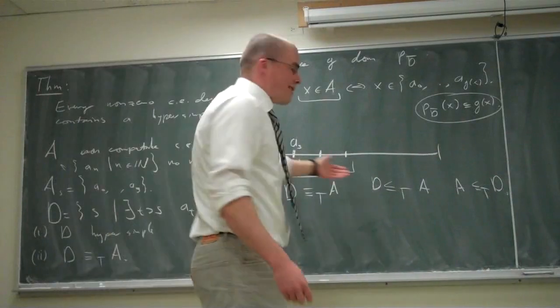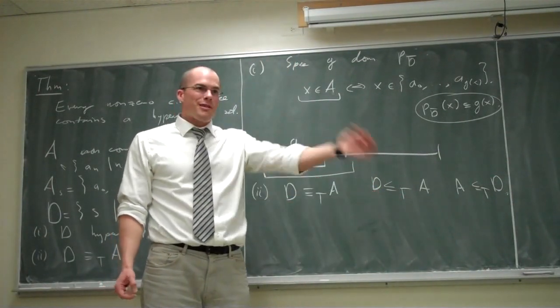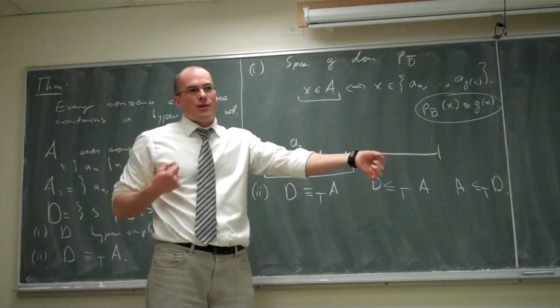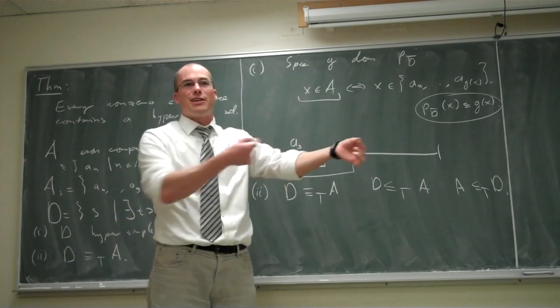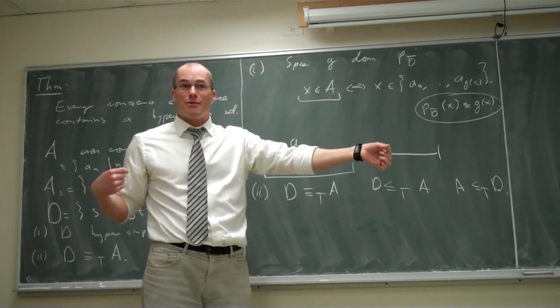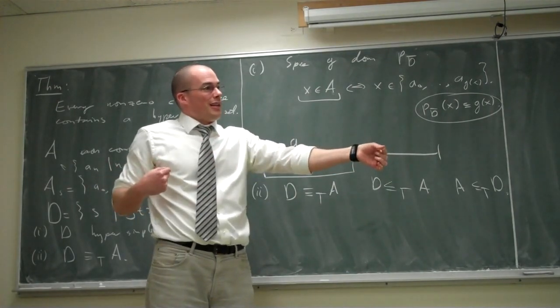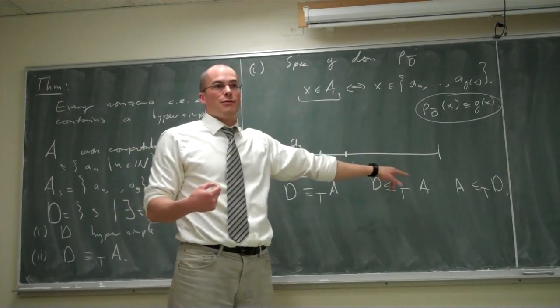On the one hand, D is clearly Turing computable from A, because if you enumerate the next element, then you can just check, did we already enumerate all the elements that came before it? And if the answer is yes, we did already enumerate all of those, you are at a non-deficiency stage. If the answer is no, you did not enumerate all of those yet, then you are at a deficiency stage. So that's how you decide D from A.